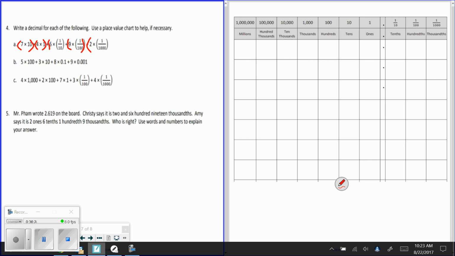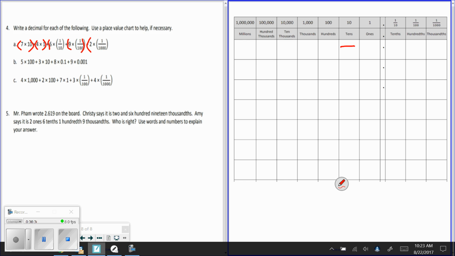Yes! Okay, I got 7 copies of 10. Bam! Put a 7 in there. Doesn't this make it so much easier? You should go, yes, Miss Strickland. Thank you. You're brilliant.